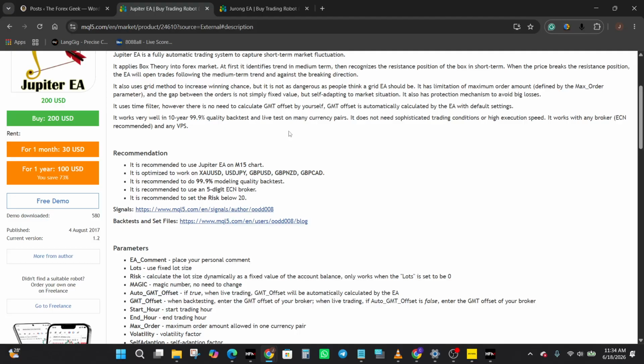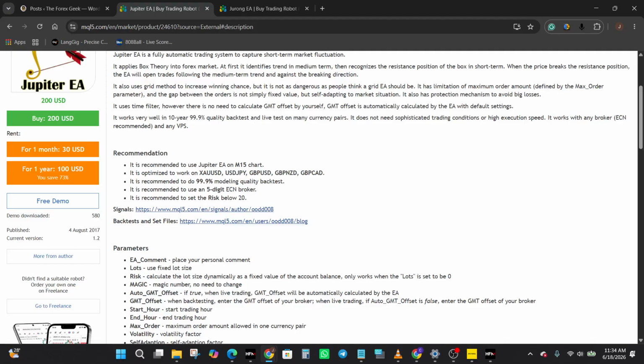The developer further explains that the system incorporates a grid method but with several controls intended to limit risk exposure. For example, there is a maximum order limit parameter, and the spacing between orders is described as adaptive rather than fixed.